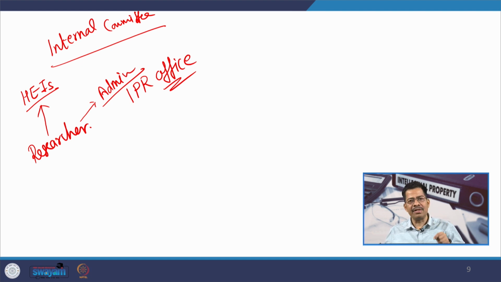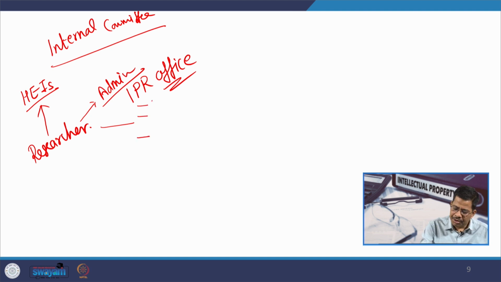Now, the IPR office, before filing your application to the patent office, because the IPR office will not grant the patent, the IPR office will forward your application to the Patent Office of India. Before that, the IPR office will do a due diligence, and the due diligence at the IPR office will be done on these three aspects: novelty, inventive step and industrial application.